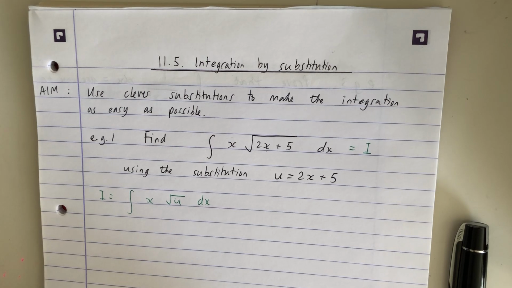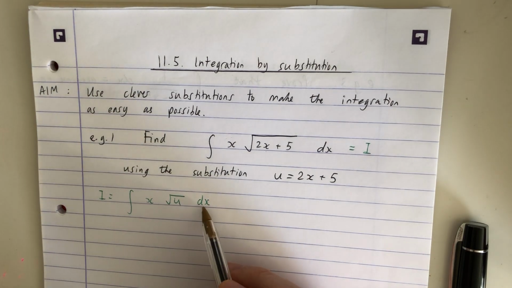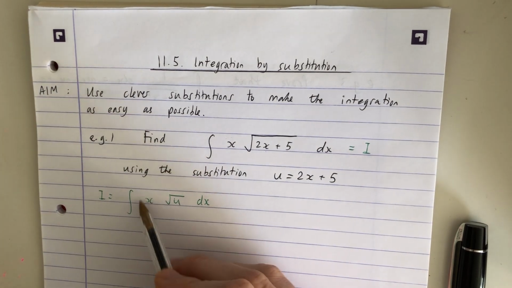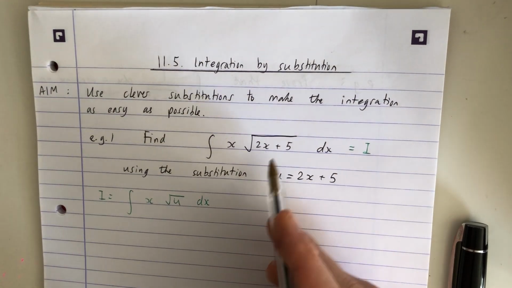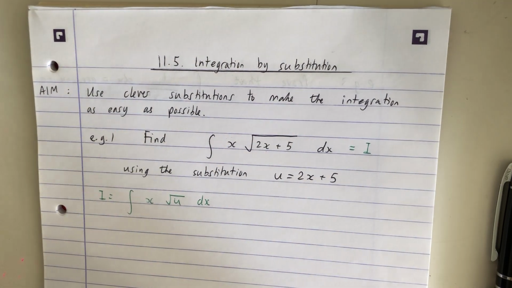dx. Now the problem is I've still got other letters of x inside that integral, and I need to get rid of them all. So how can you get rid of this x and replace it with just letter u's? Well, you go back to your substitution and you make x the subject.